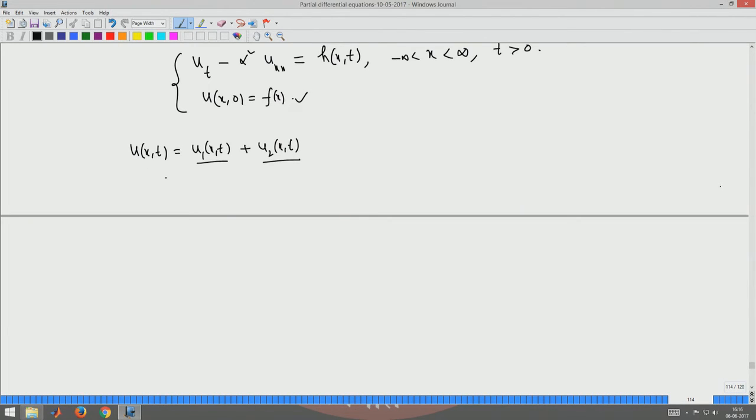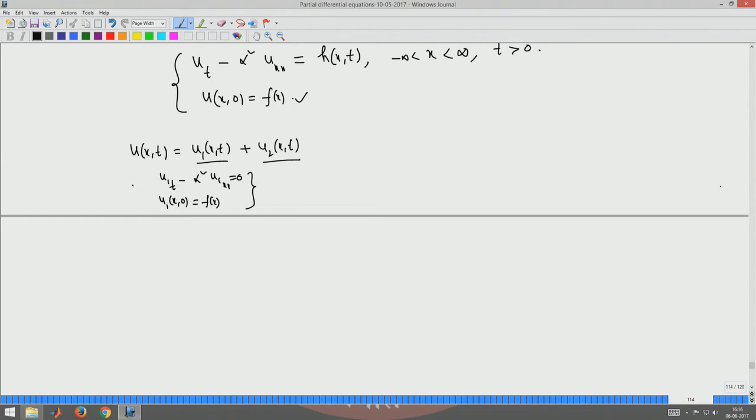So u1 satisfies u1 t minus alpha square u1 xx equal to 0, and u1 at x 0 equal to f x. This we know how to solve. This is the initial value problem that we solved in the last video.